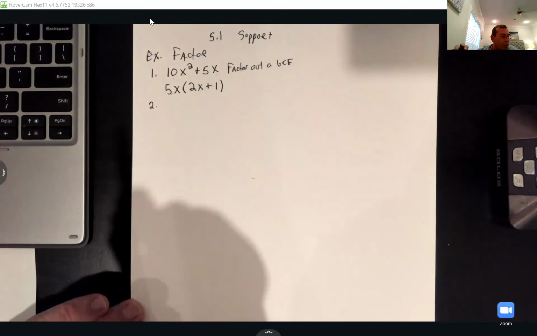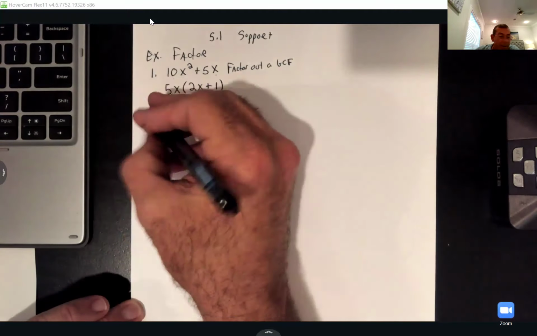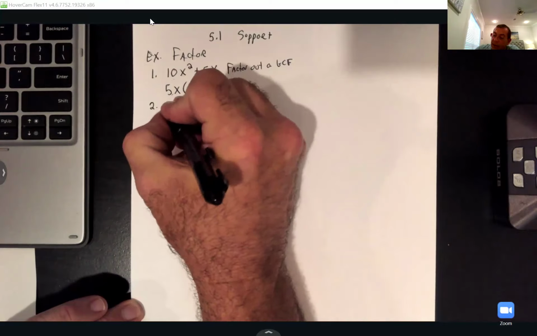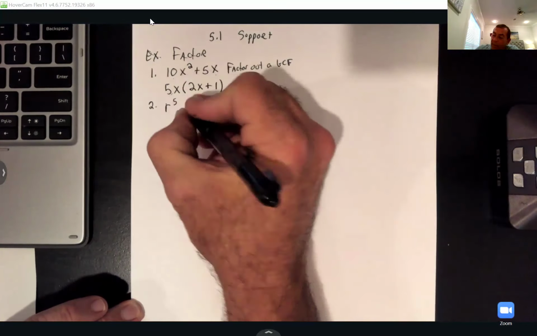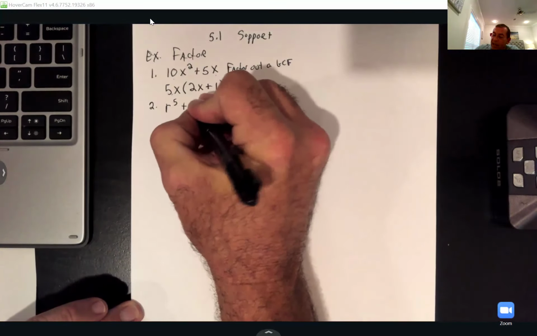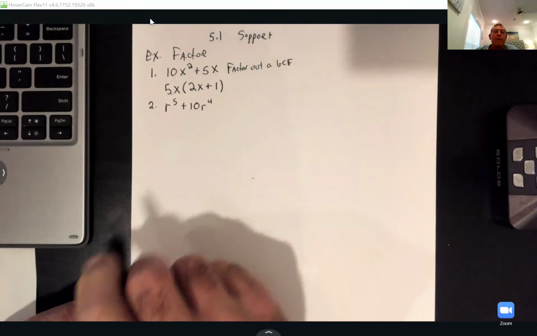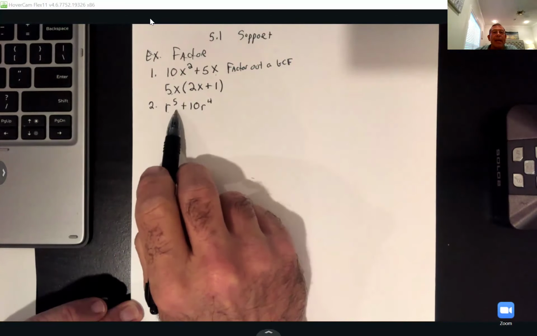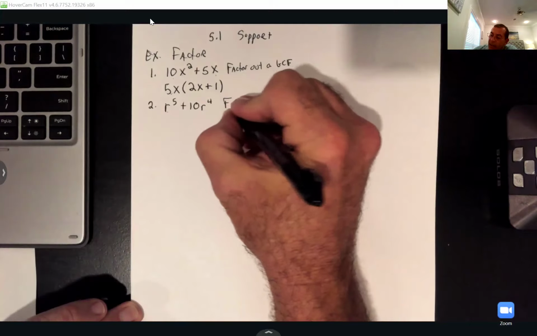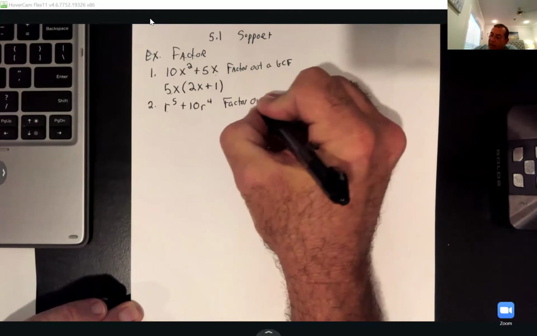So for the first one, and even this second one, watch this. You got an r to the 5th plus 10r to the 4th. These two things are being added again. So y'all, once again, factor out a GCF.